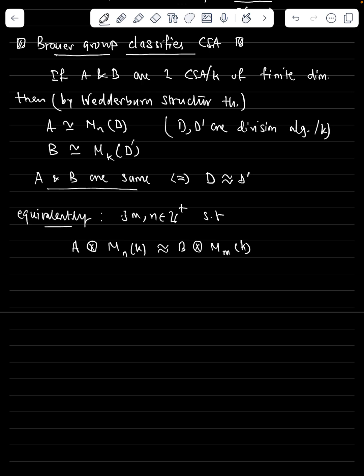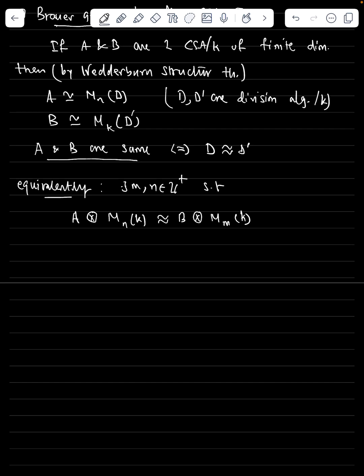You can also check it like that. So if you have two positive integers such that after tensoring with those two matrix algebras, both sides are isomorphic, then one can say that A and B are the same.